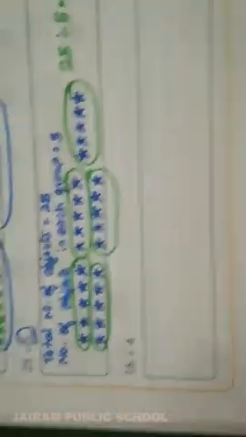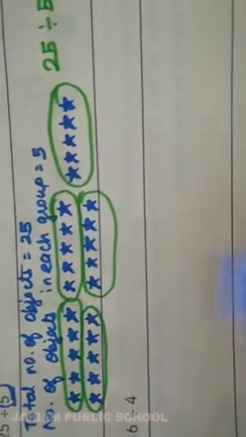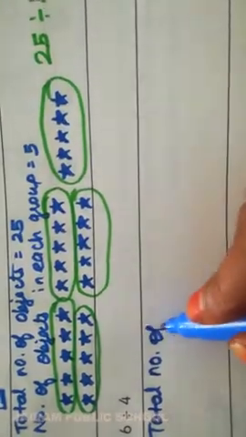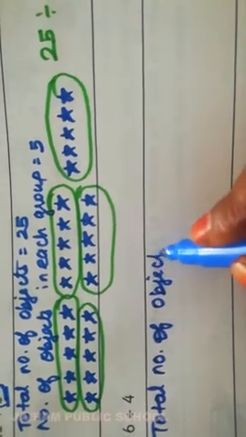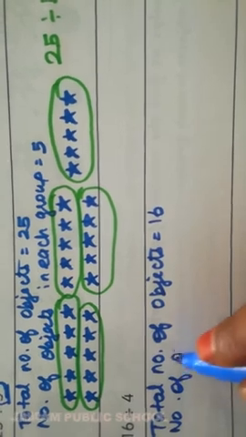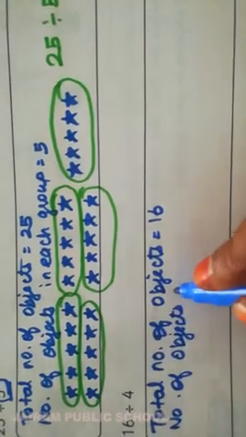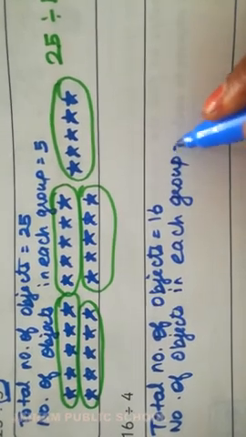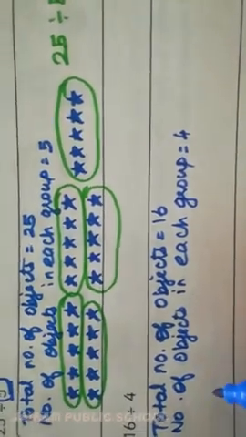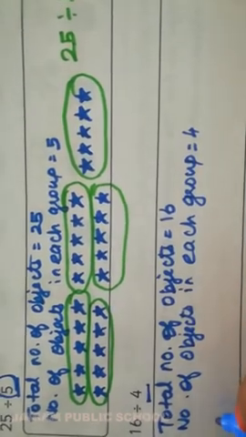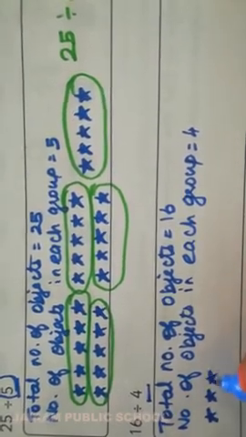Next sum, 16 divided by 4. Here total number of objects equal to 16. Number of objects in each group equal to 4. Then we have to start drawing the objects. For that each group consists of 4 stars. 1, 2, 3, 4.